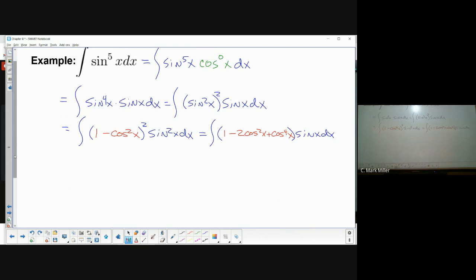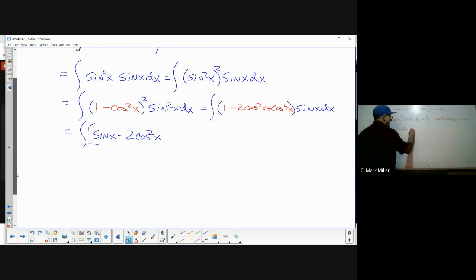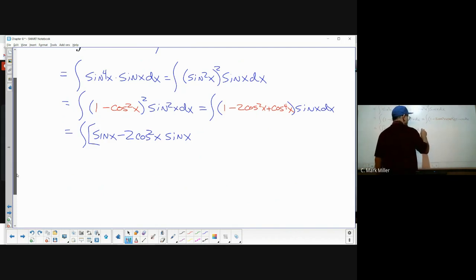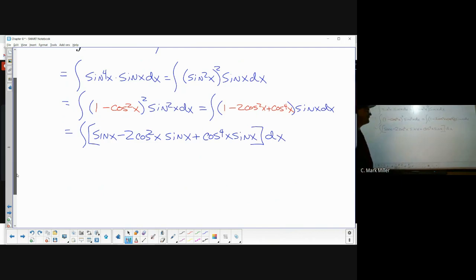And I'm going to distribute that sine inside the parentheses. Sine x times 1 is sine x, minus 2 cosine squared x times sine x, plus cosine to the fourth x times sine x. These are going to integrate slightly differently.